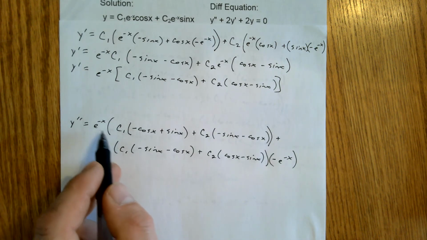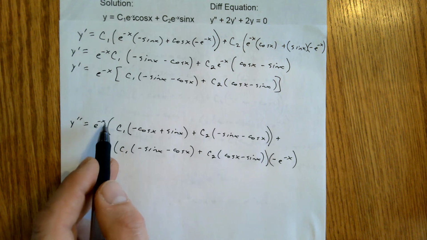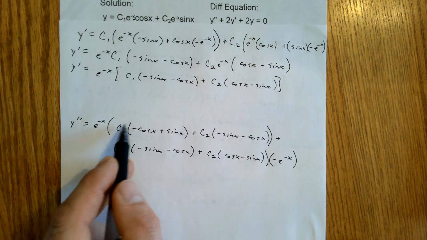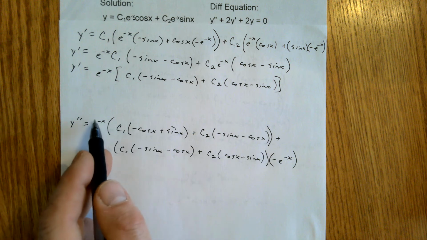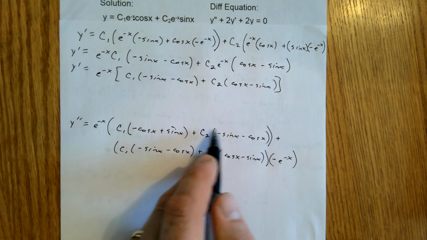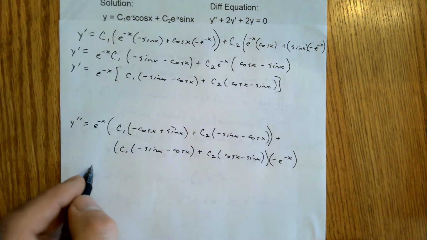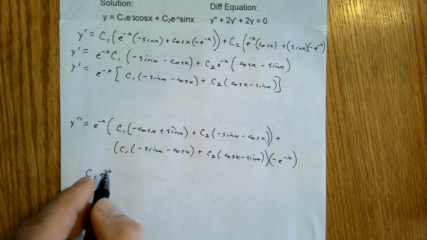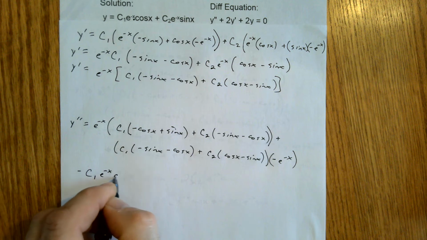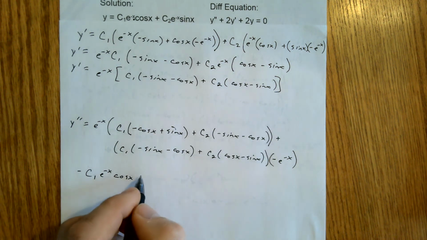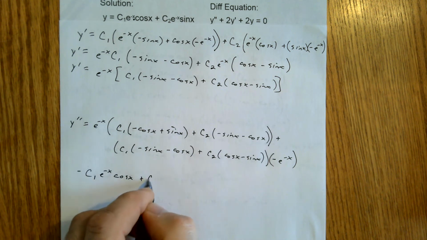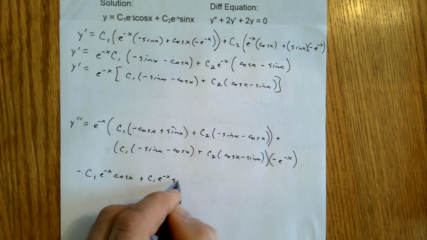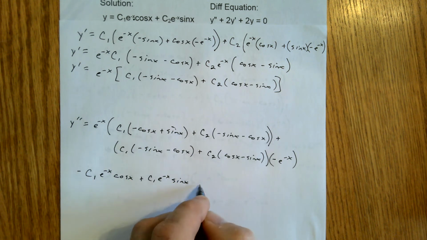Now I can go ahead and simplify this, clean it up. I can multiply e to the negative x in, along with my c sub 1, into this quantity, and my e to the negative x times c sub 2 times all of this. So I get c sub 1 e to the negative x times a negative cosine of x plus a c sub 1 e to the negative x sine of x.